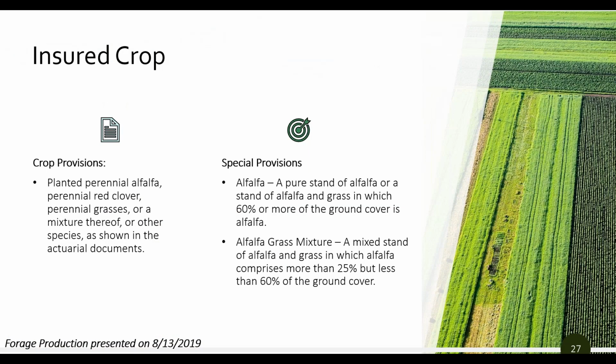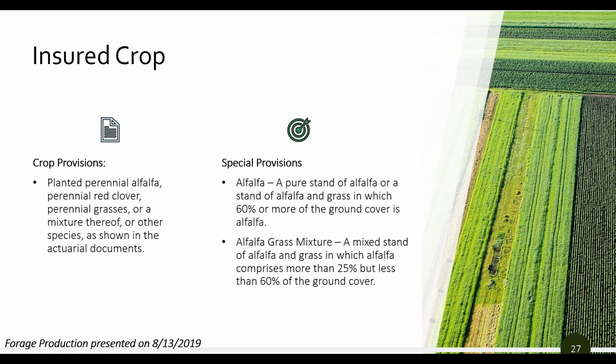Under the crop provisions, it provides kind of a broad spectrum here. It can be a planted perennial alfalfa, perennial red clover, perennial grasses, or a mixture thereof, or other species as shown in the actuarial documents, might be brome grass or something else.